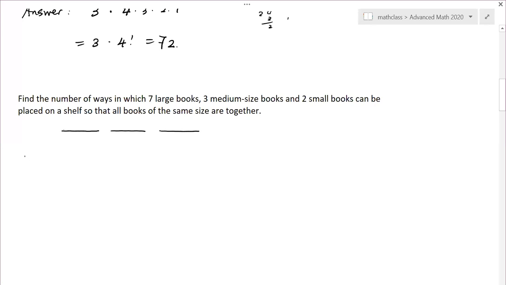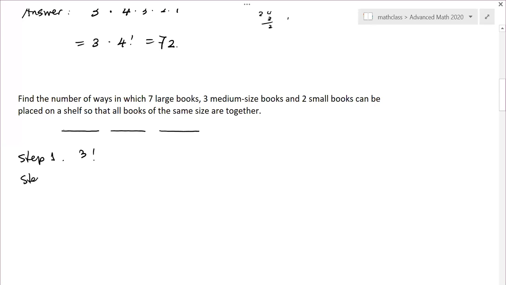In the first step, I decide which group of books goes at what place. You have 3 groups of books and put them in order, so there will be 3 factorial choices.